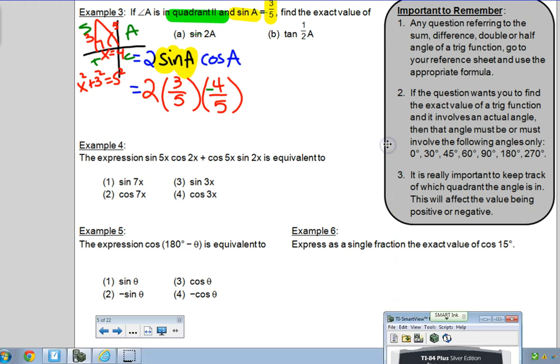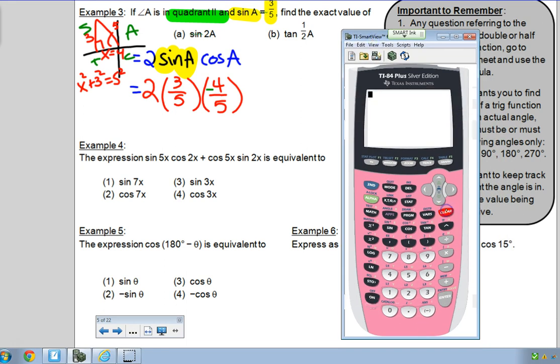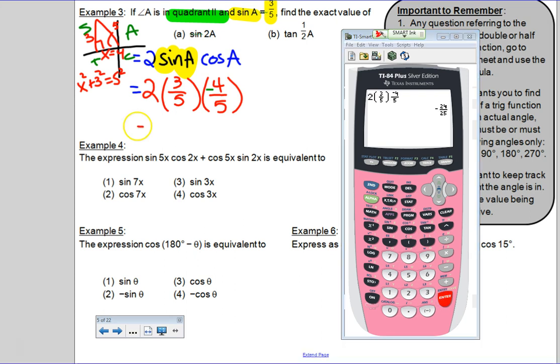Just got to type this into my calculator at this point. And it's negative 24 over 25.